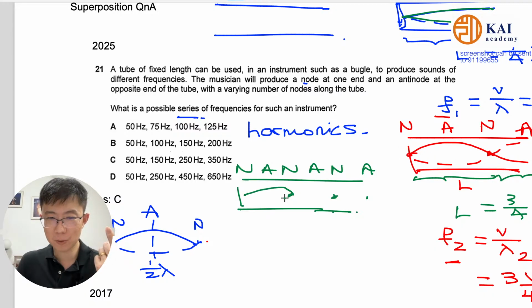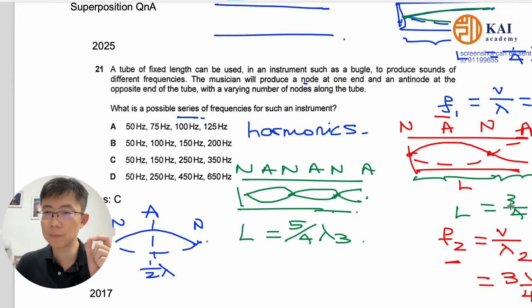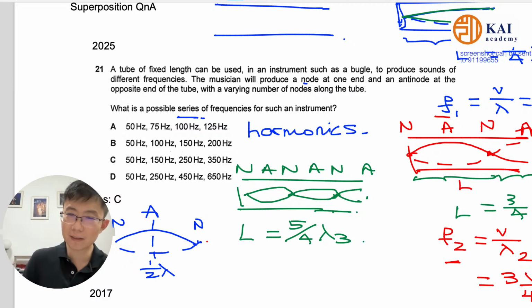Just now there was one loop and 1/4 of a wavelength, so it's 1/4 plus one loop. Then after that you add another loop. Now this total is going to give us 5 over 4 lambda. So the pattern goes from 1/4 to 3/4 to 5/4. If I extend, the next pattern is going to be 7/4, the following one will be 9/4, and so on.